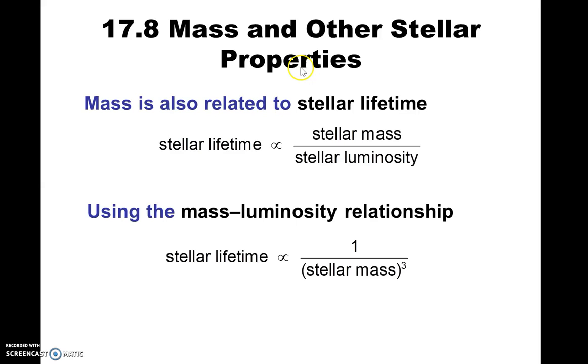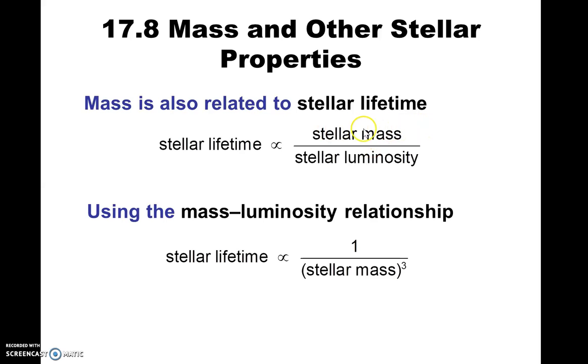So it turns out that we can actually predict the lifetime of a star. I was kind of hinting at that before when we were looking at the HR diagram. The lifetime of a star is proportional to the mass, which is the fuel source, divided by the luminosity. The luminosity, of course, is the rate at which mass is being converted into energy, the rate at which the star is shining.